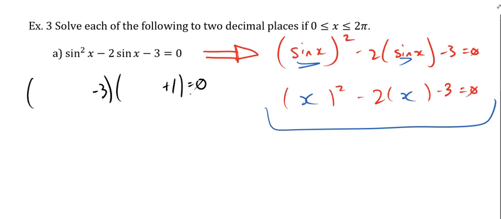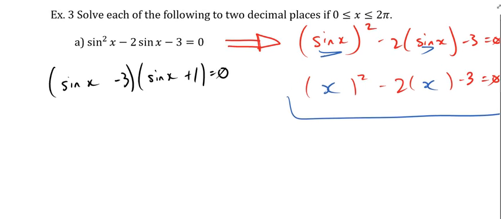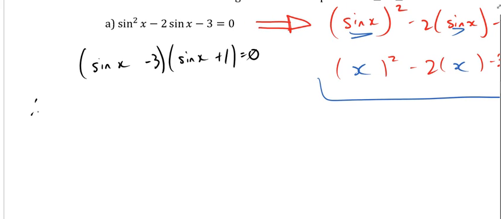And then what do I put in the front of the bracket? Sine of x. Therefore, sine of x minus 3 equals 0, and sine of x plus 1 equals 0.